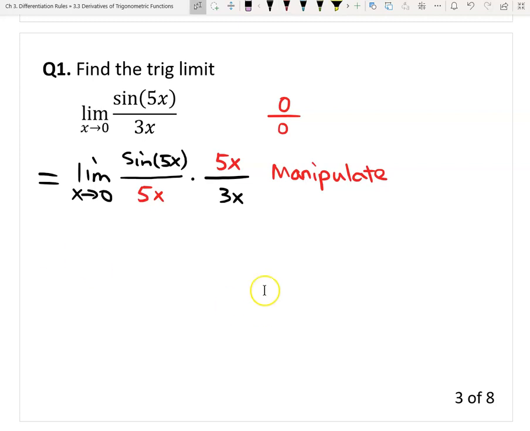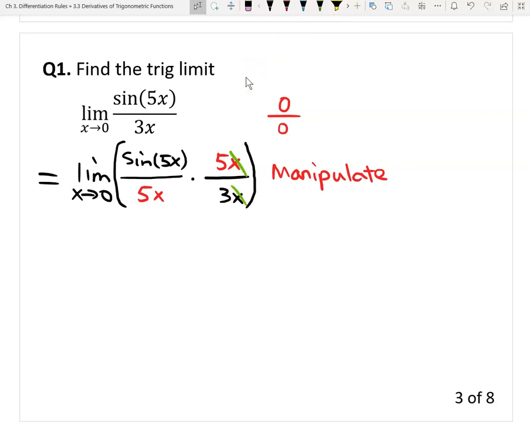So I did not change anything, right? You can cancel the 5x. Why times 5x to the bottom and times 5x to the top? Because I want to make the same theta as in the first part, sin theta over theta. That makes sense. This is all we need to do. Now it's better I put a big parenthesis here. Now I am going to cancel something to simplify.